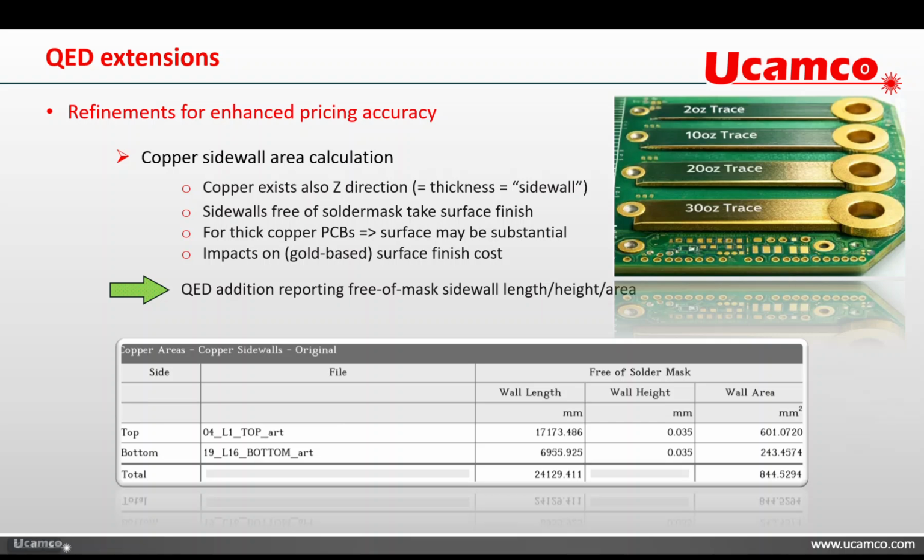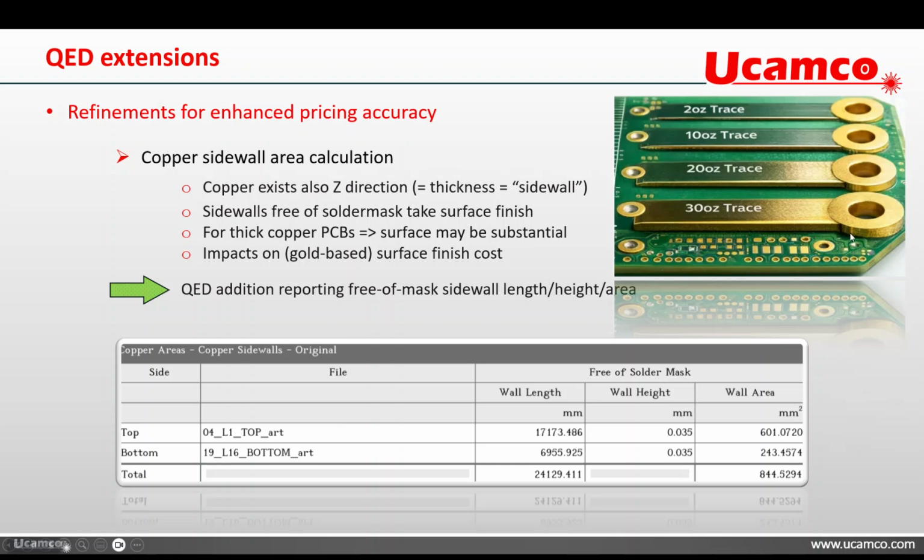And depending on the type of surface finish and the amount of that exposed area, this can be quite a bit. Particularly if you're into these heavy copper applications where rather than microns or half ounce or ounce, you're talking about things like 10, 20, 30 ounce thick copper.